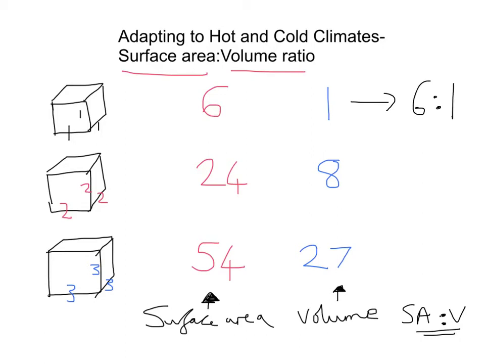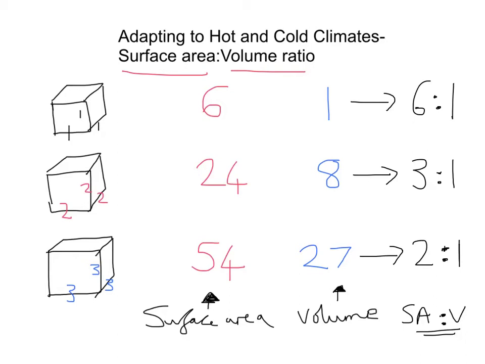Now, we ideally want the volume to be 1 because we're looking per volume, per centimetre cubed. And we're going to see how much surface area is exposed per volume. So we get a ratio of 6 to 1 at the top. The 2 by 2 by 2 cube, the ratio can be simplified down as 3 to 1, and 54 and 27 will give us a ratio of 2 to 1.